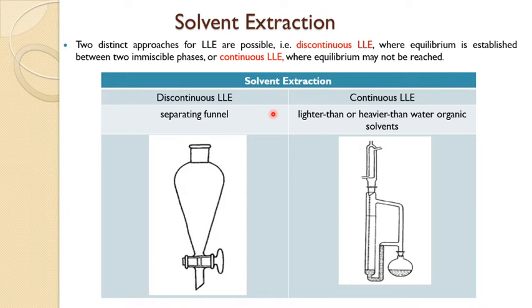These are the 2 approaches. In the discontinuous manner, the apparatus is the separating funnel. You can see in this diagram the separating funnel, and you can also see in the laboratories that it is very simple and easy to handle.